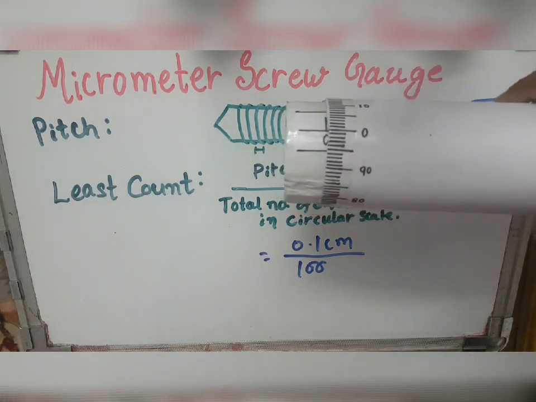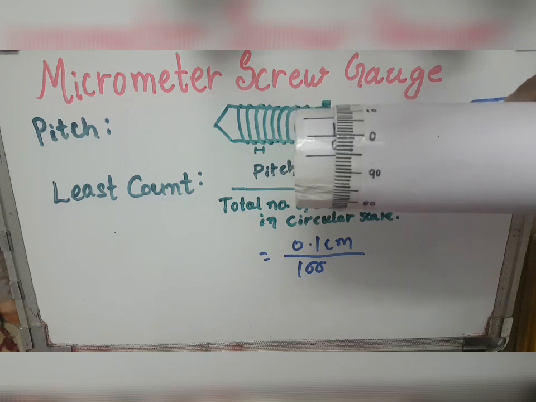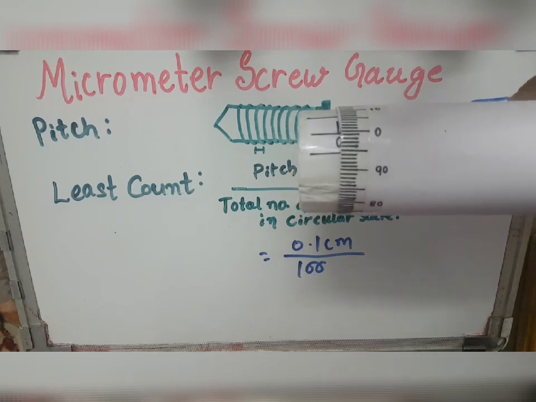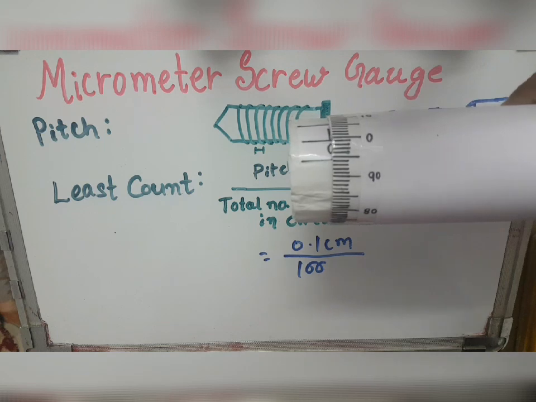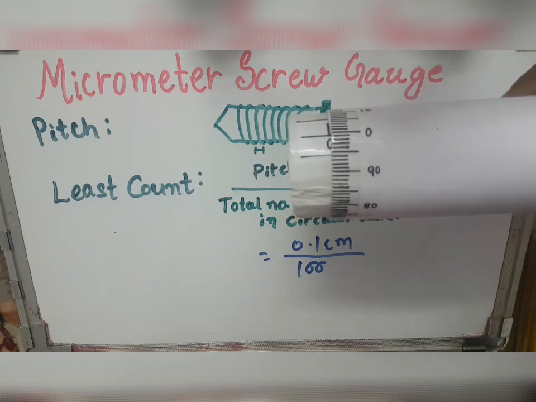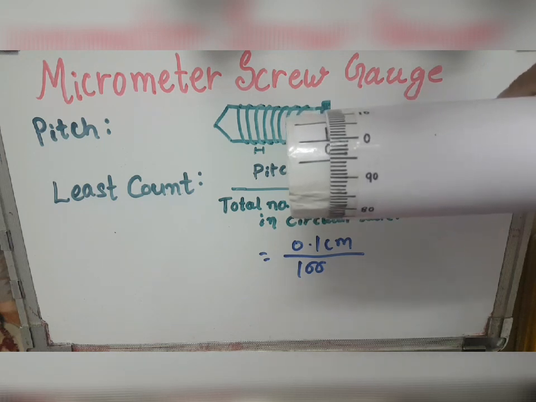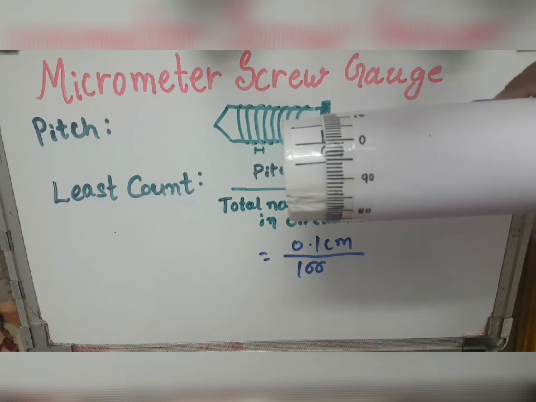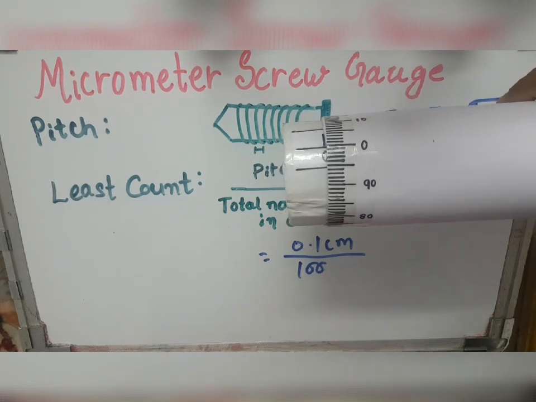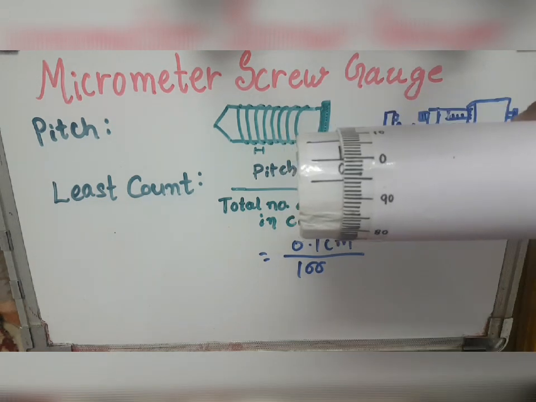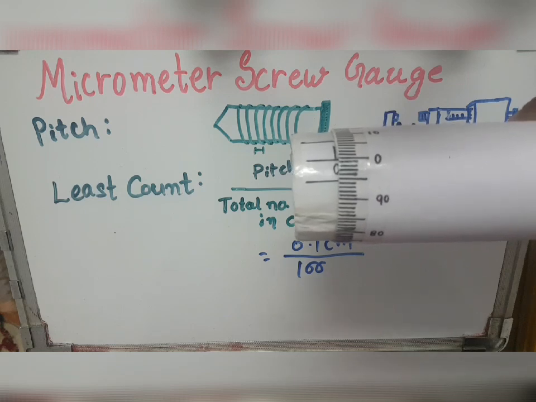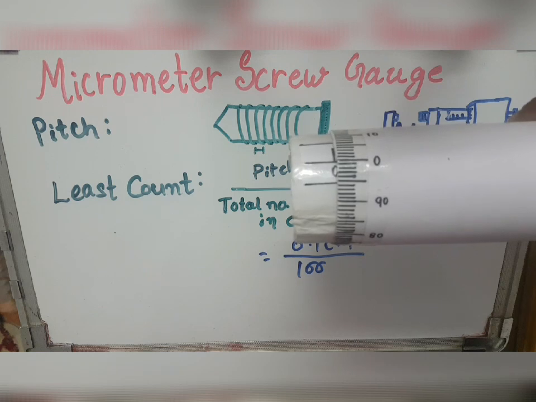The zero of the main scale is observable to you, and the baseline under the zero is just touching the zero of the circular scale. This should be the reading while the two jaws touch each other. Then we can say that the instrument has no zero error, and we can proceed with our measurement.